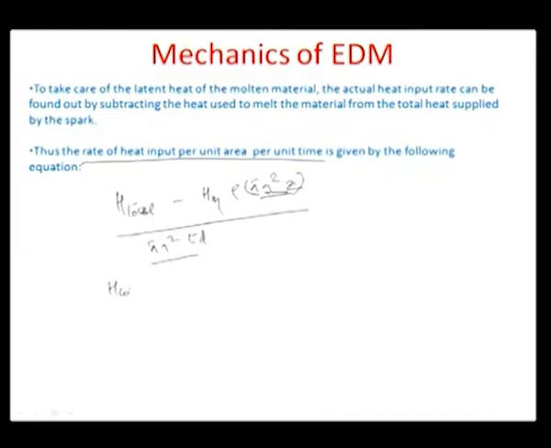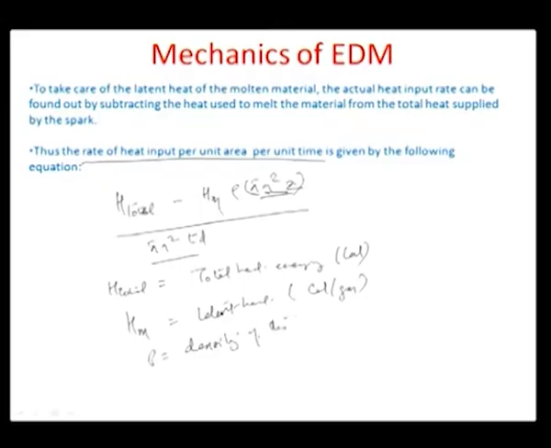So, H total here is actually total heat energy in calories. We have already defined this in our earlier assumption, and Hm is the latent heat in calorie per gram, rho is the density of the molten material, and of course 2a is the crater diameter.